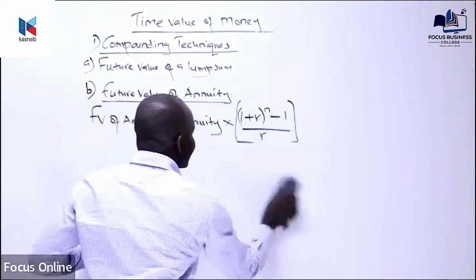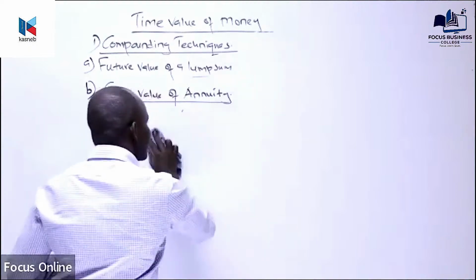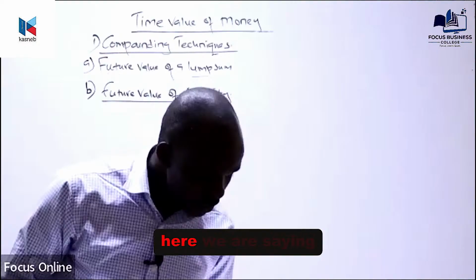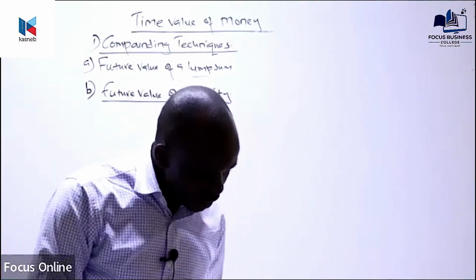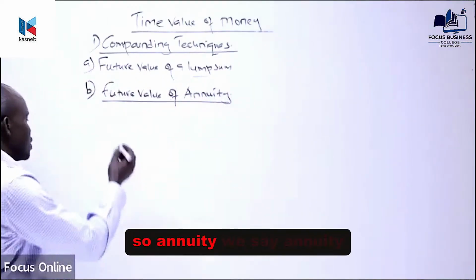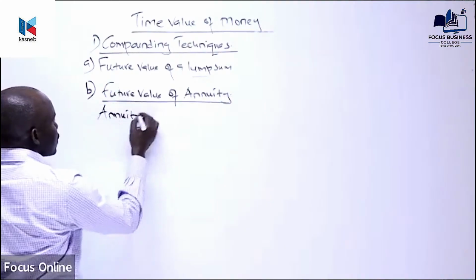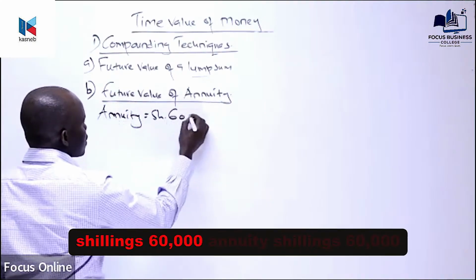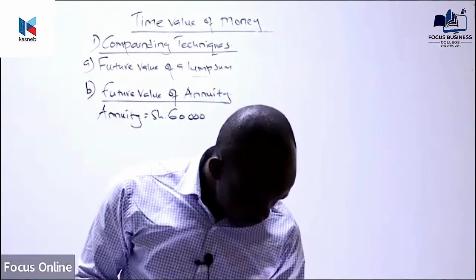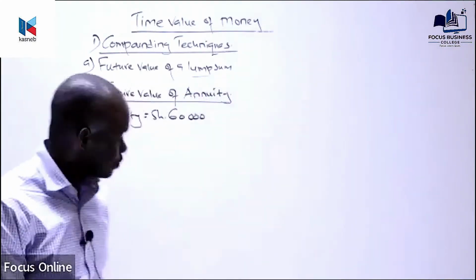Now we start. This is how you should be approaching these questions. You first analyze the question. For example, here we are saying the amount to invest is 60,000 at the end of each year. So annuity, shillings 60,000, at the end of each year for 4 years.